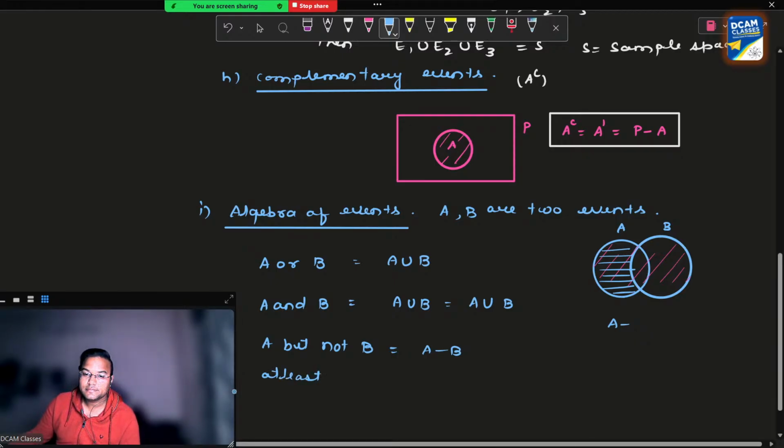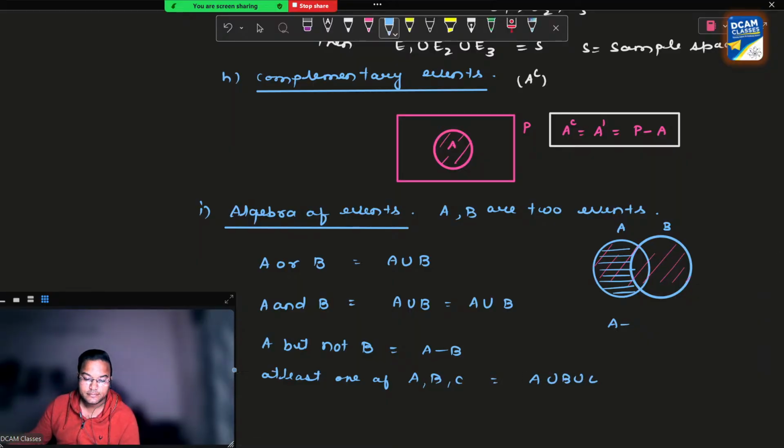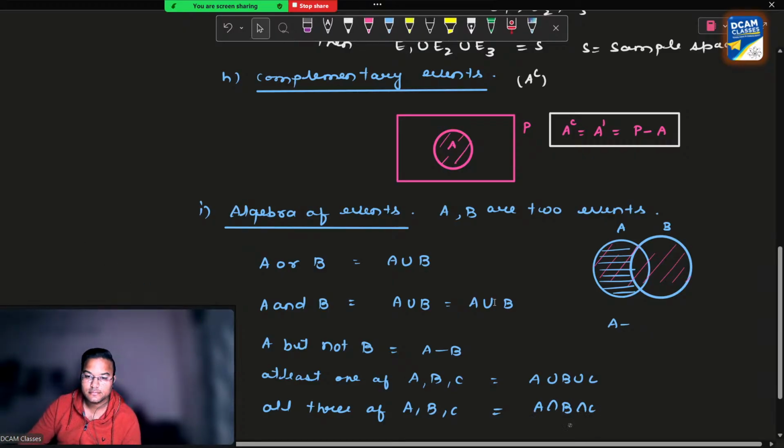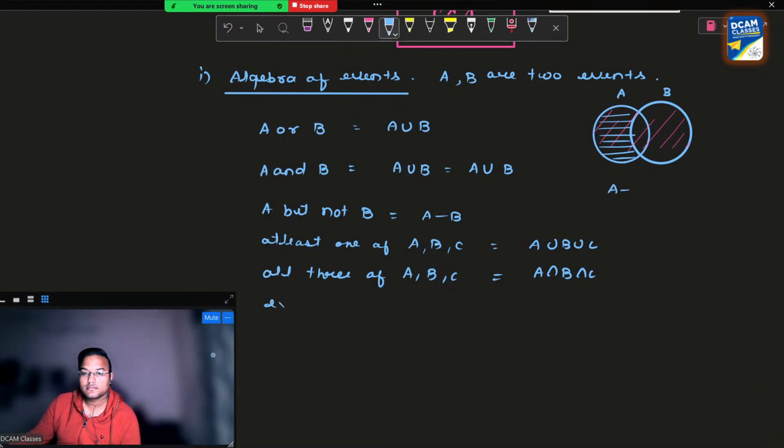At least one of A, B, and C is equal to A union B union C. All three of A, B, and C is A intersection B intersection C. These are a few mathematical representations that we know from the Venn diagram, the set theory, I am just reminding you.